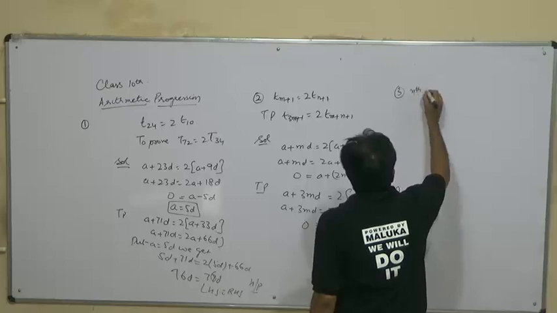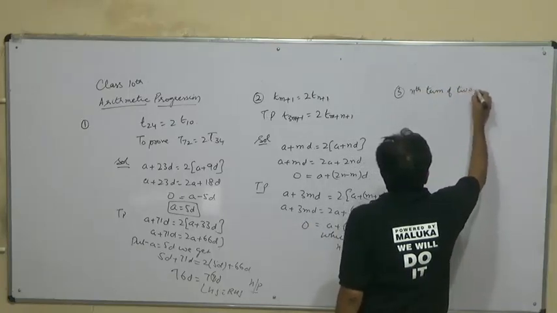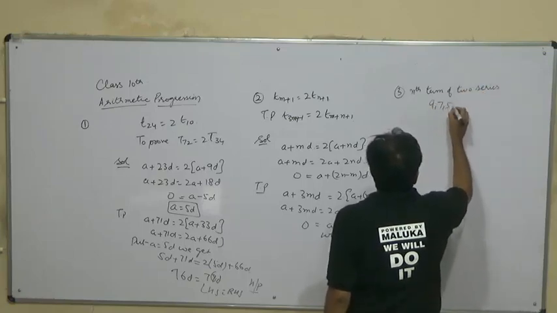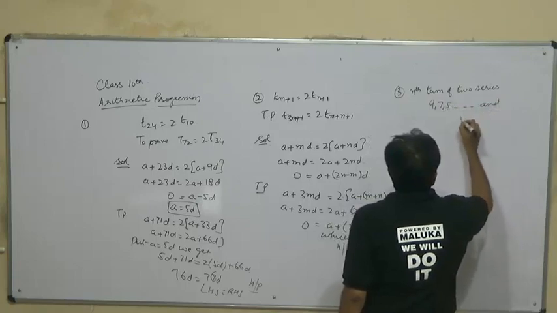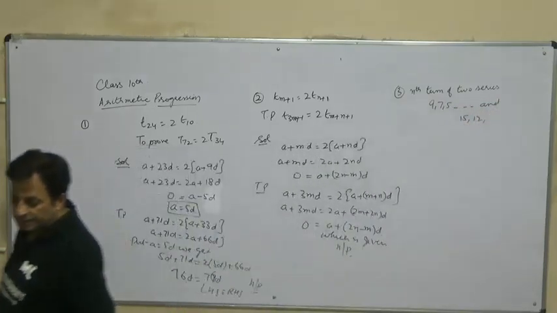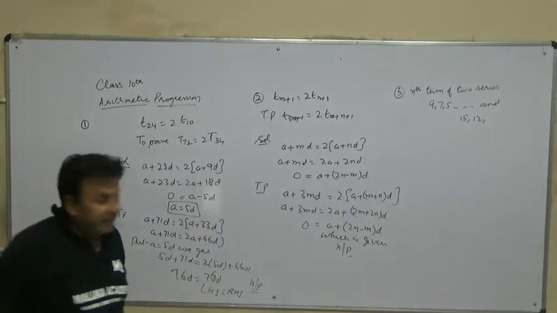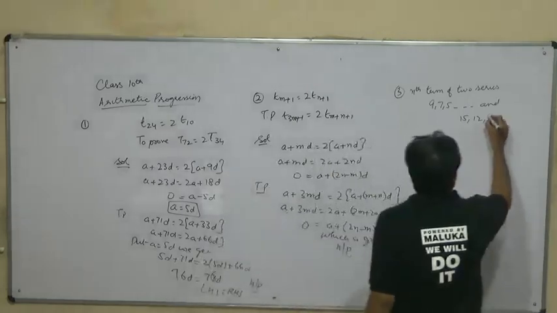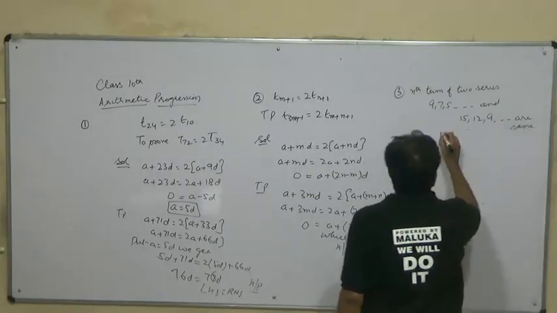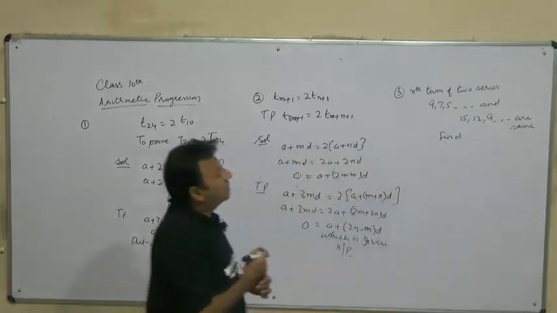The nth term of these two series are same. What we want to find is n. So these are the two series and the nth term is same.